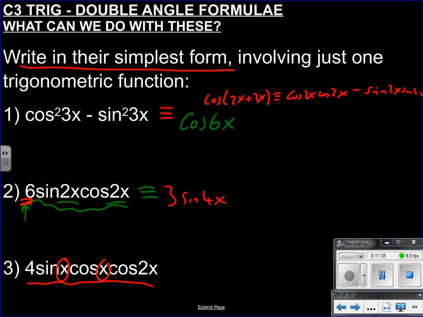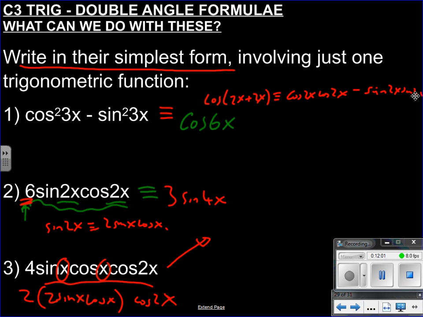So this looks a lot like sine 2x, because sine 2x is 2 sine x cos x. Ah, and it's almost got the 2 as well. It's got a 4 here. So this looks like 2 lots of 2 sine x cos x, all times by cos 2x. And we know that 2 sine x cos x is sine 2x.